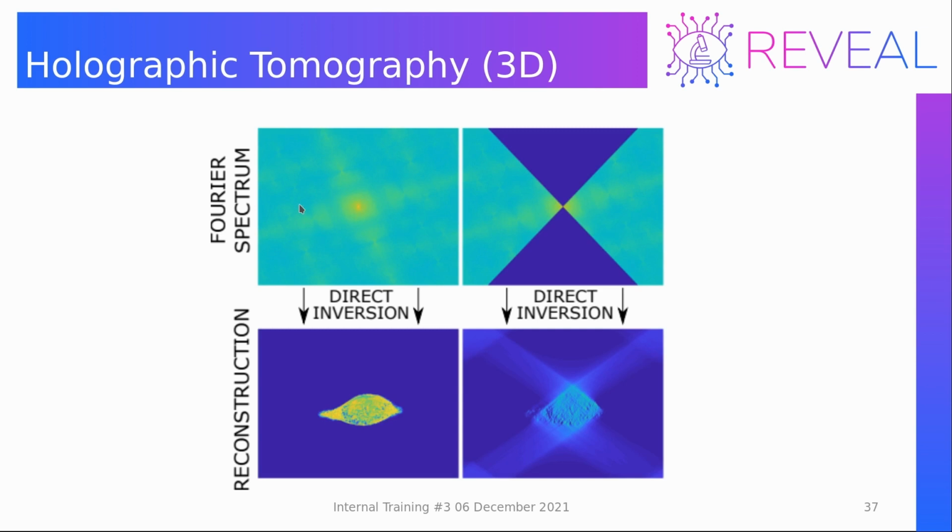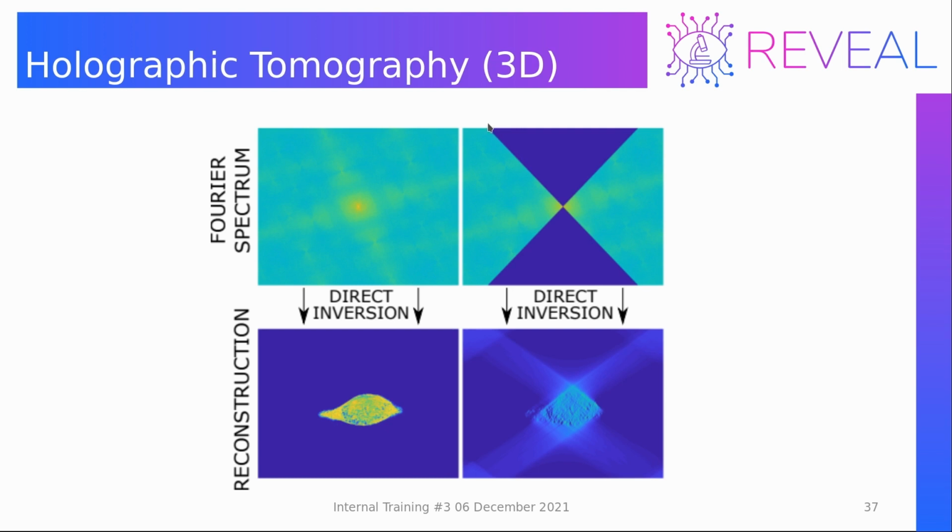To understand what happens with the reconstruction when you don't have your spectrum fully filled, let's compare these two cases. The first one is where the spectrum of your reconstruction is fully filled, all the information is present. When you calculate the inverse Fourier transform, you get a reconstruction of very nice quality.